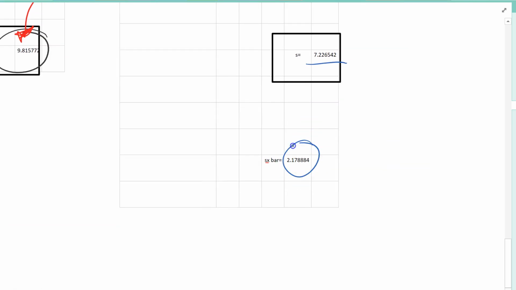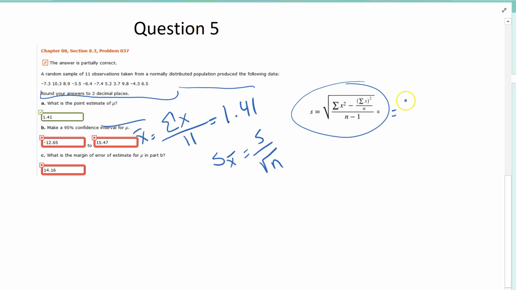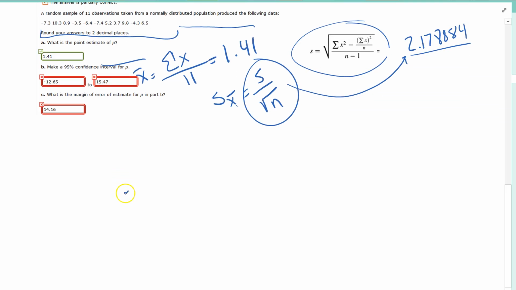So dividing that by the square root of 11, I got 2.178884. So s over root n was this.